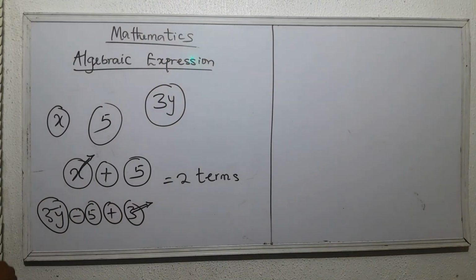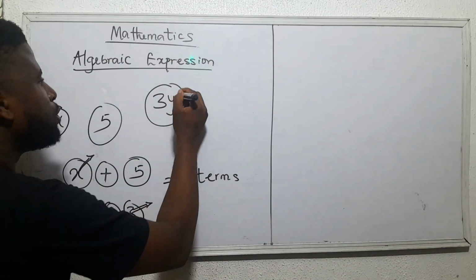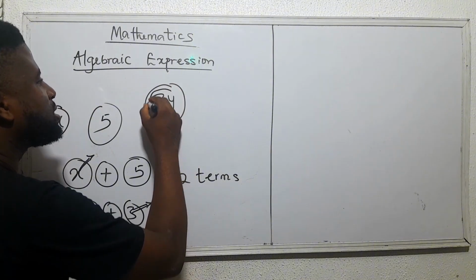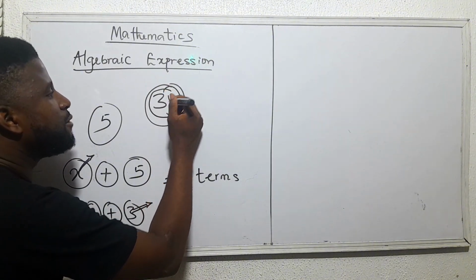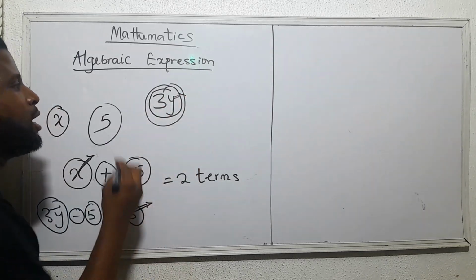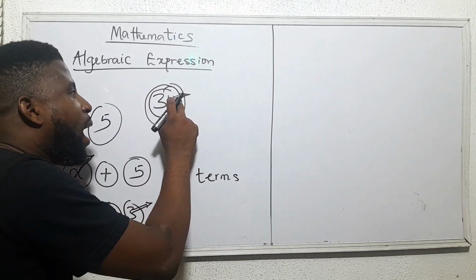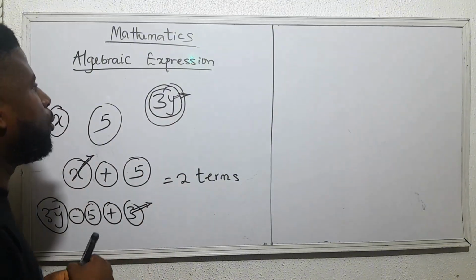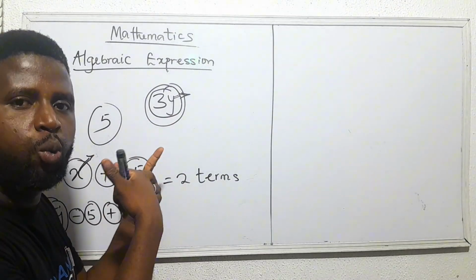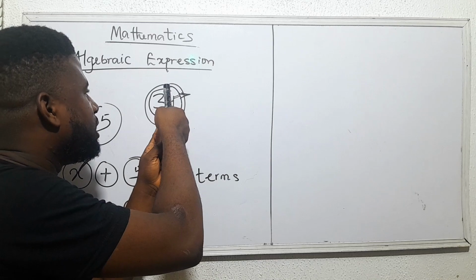Just as we have now, if you look at 3y, we can only know the exact quantity or the exact number of this if we can find the value of y. So the value of y in this term is unknown, which means we represent that unknown with the alphabet y.